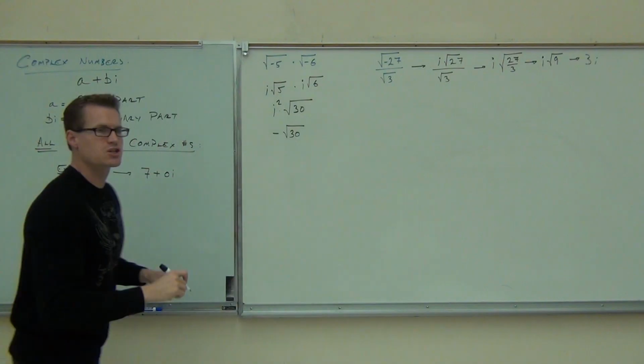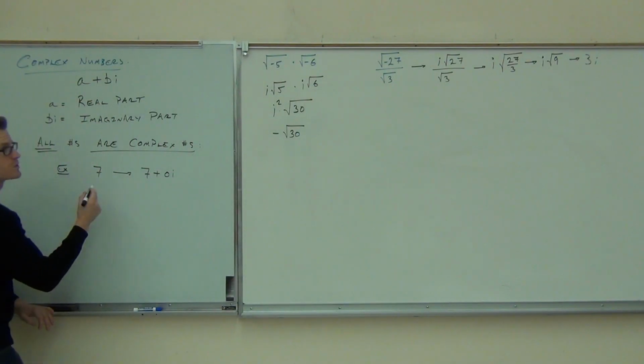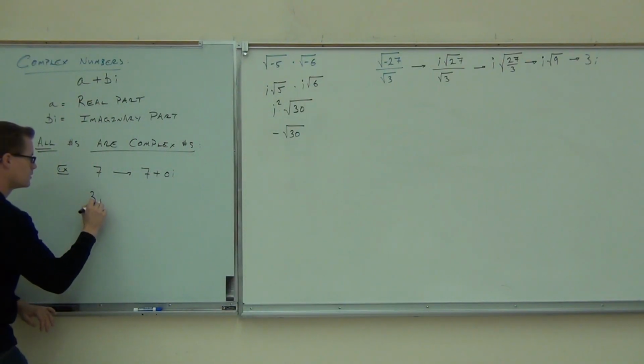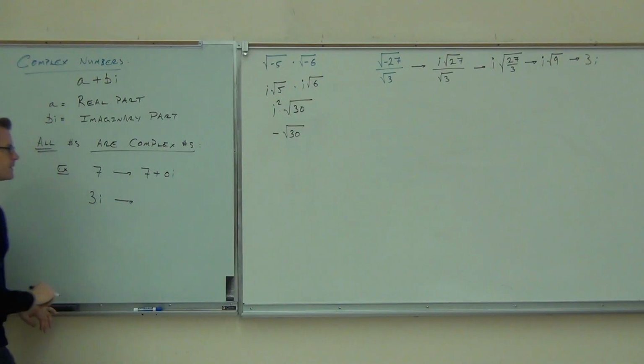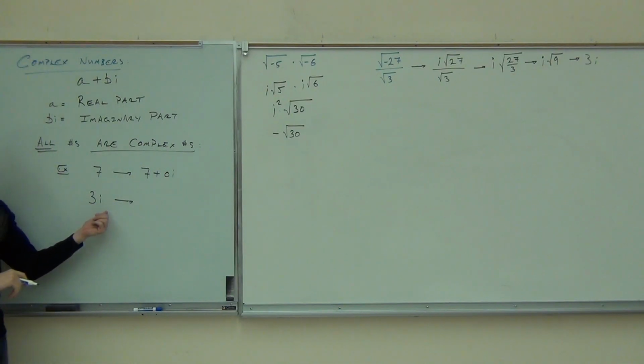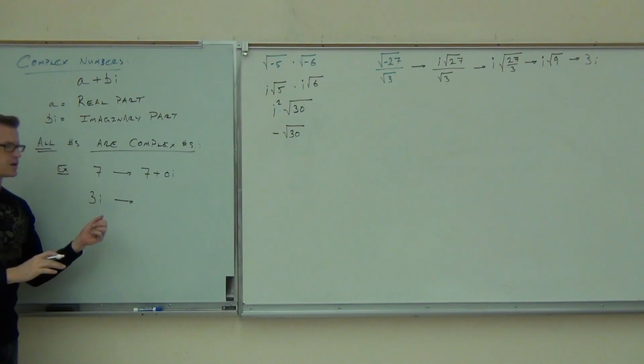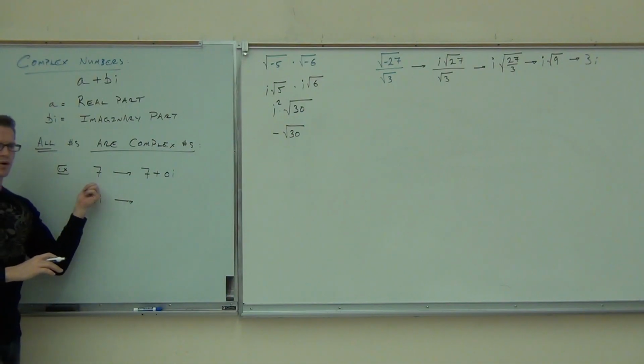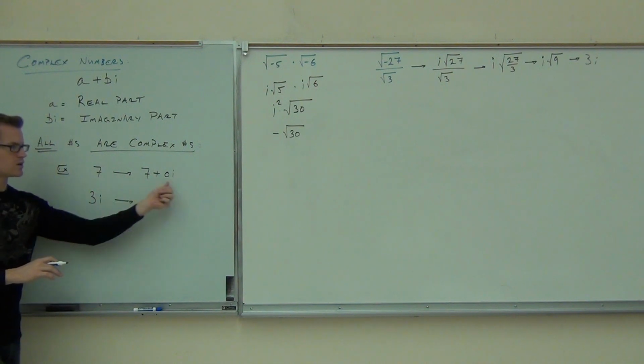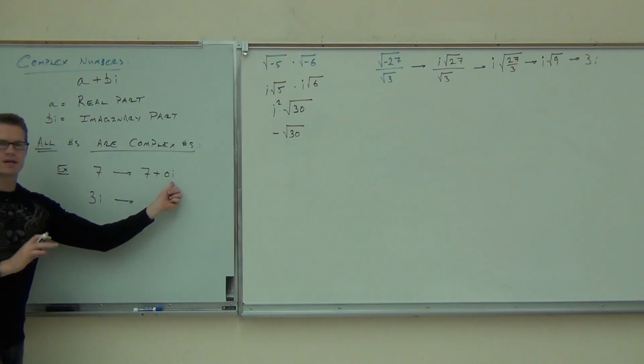Or if you give me an imaginary number, let's say, what's on the board? 3i. If I take 3i, what's my, okay, watch carefully. Were you okay that the real part here was 7, and the imaginary part, there wasn't one, so I put 0i? Be careful here.